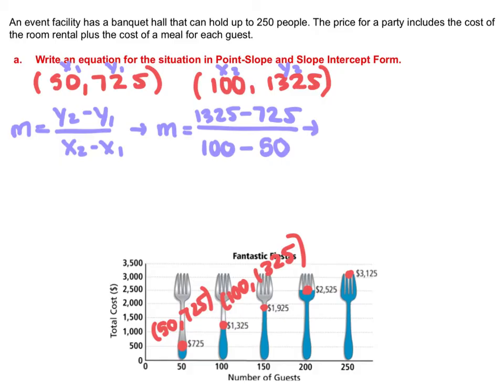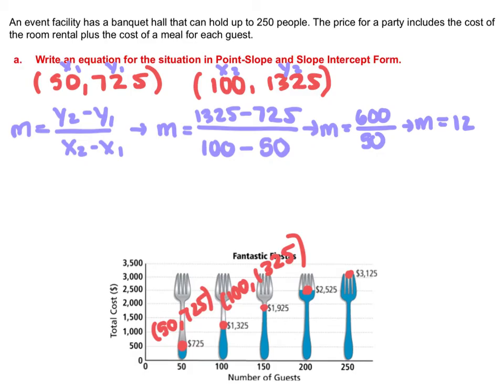Now when I simplify, 1325 minus 725 gives us 600, over 100 minus 50, which is 50. And 600 divided by 50 gives us a value of 12.